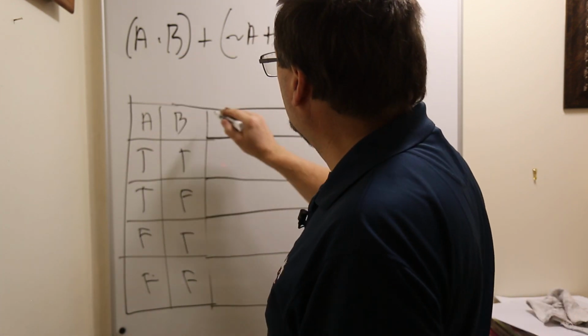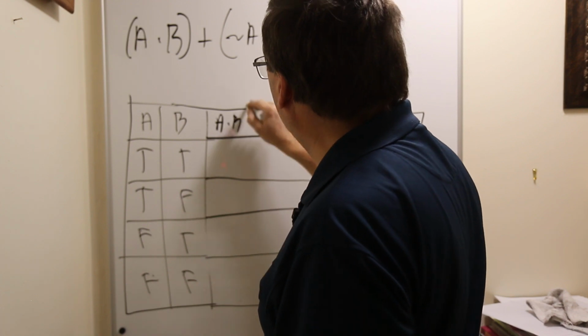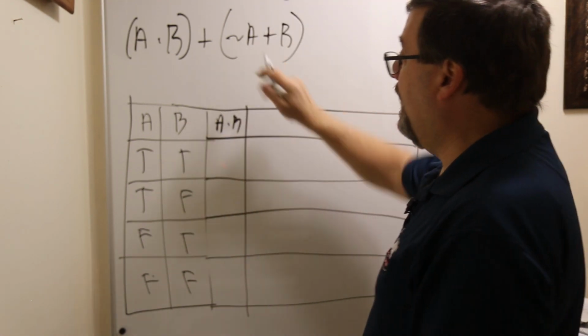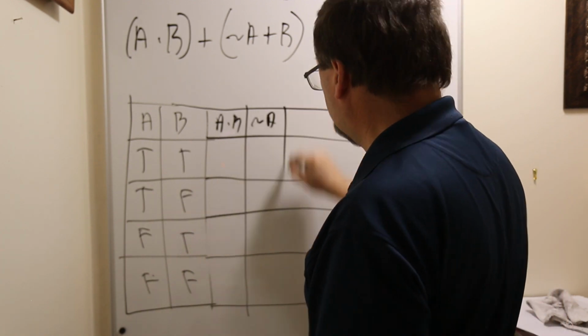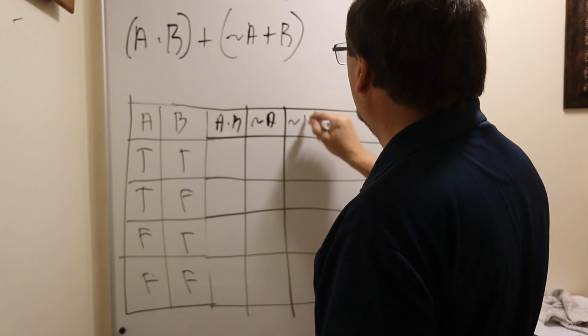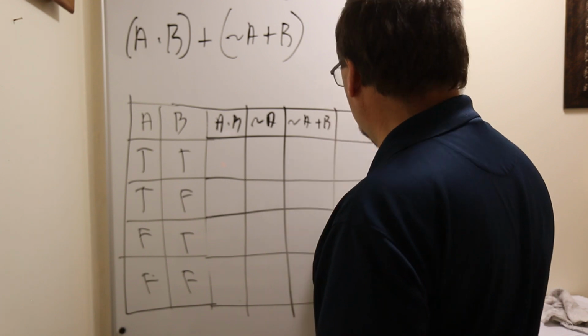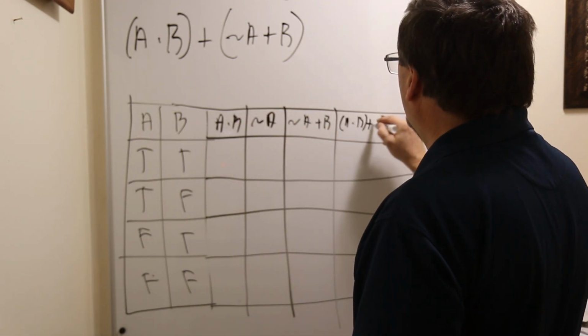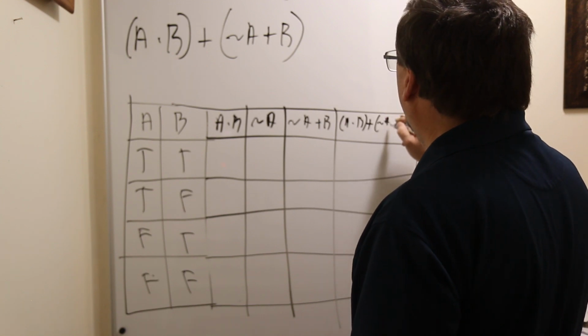All right, so we need to do A and B. Now to do this one, we need to do a not A. And then we can do not A or B. And then of course we can do the whole thing: A and B or not A or B.